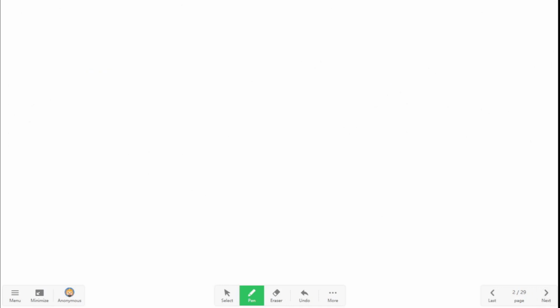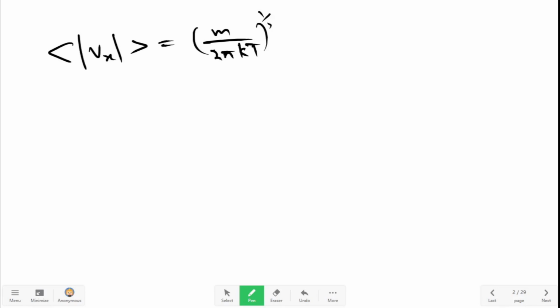Therefore, modulus of Vx average is equal to m by 2 pi kT the whole raised to 1 by 2, integral from minus infinity to plus infinity of modulus of Vx e raised to minus m Vx square upon 2kT dVx.